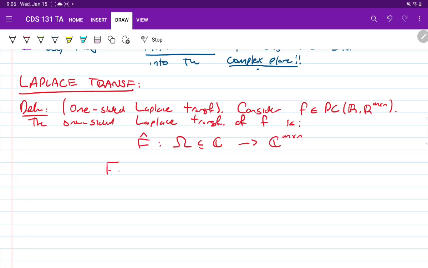And this function is defined: f hat at any value s, where s represents a complex variable, is equal to L of f of s, which represents the Laplace transform, which is equal to the integral from 0 from the left, so we're taking the limit coming in from the left approaching 0, up until infinity, of e to the minus st f of t dt.